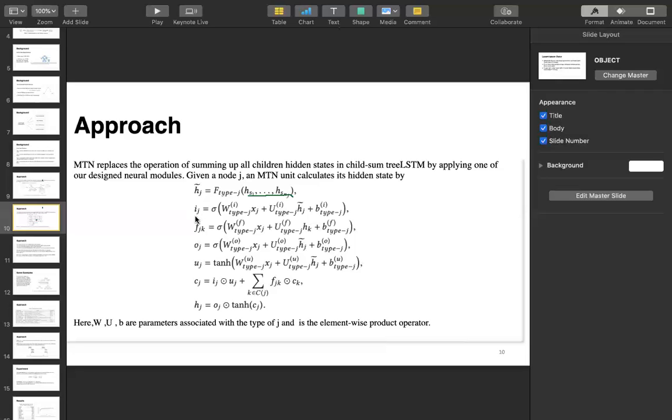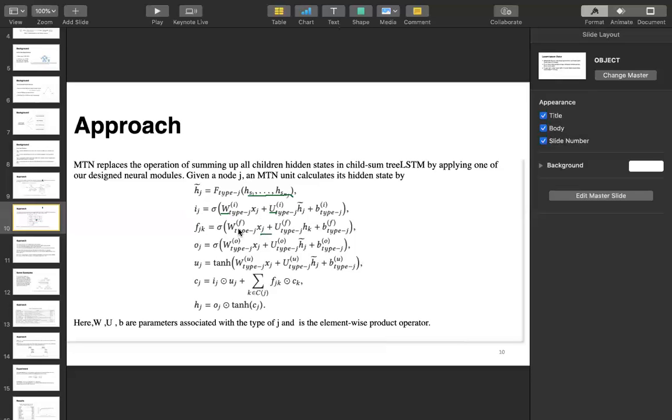The following equations, from the second one to the last one, are the normal calculation for LSTM for the forget gate, update gate, etc. So what do U and W mean? Here? I also have some confusion about x_j. Where does x_j come from? Yeah.